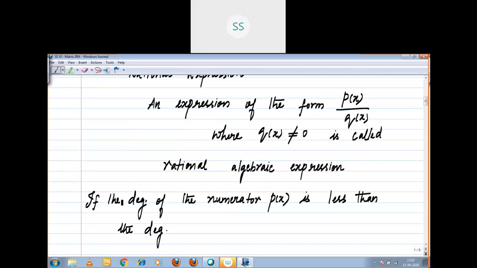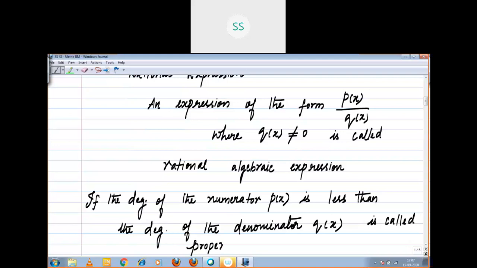If the degree of the numerator p of x is less than the degree of the denominator q of x, it is called a proper fraction.